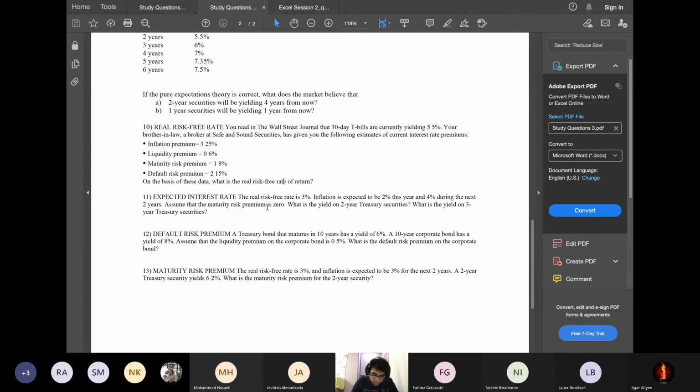For 3 years, R is equal to, again, 3% because it's risk-free rate, plus 2% plus 4% plus 4%, average, 2 plus 4 plus 4 over 3. 6.33%.